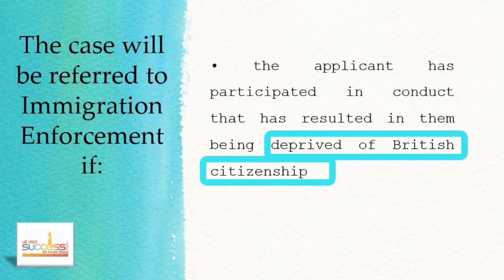If any of the above happens, the case will be referred to immigration enforcement, which will assess the case under public policy, public security, and public health. And only after that assessment, a decision can be reached on the case.